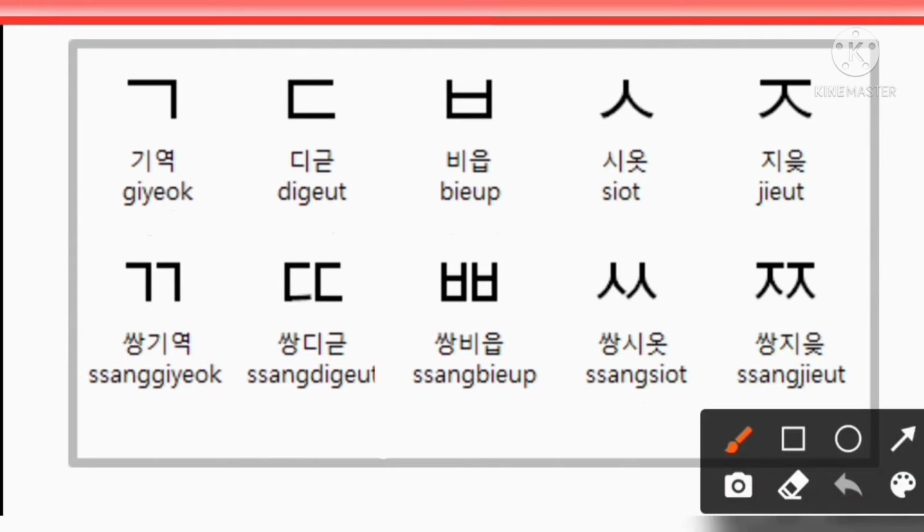Then D becomes DD, B becomes BB, S becomes SS, and J becomes JJ. So by their names they will look a little bit different. Giyeok becomes Ssanggiyeok, Digeut becomes Ssangdigeut, Bieup becomes Ssangbieup, Siot becomes Ssangsiot, Jieut becomes Ssangjieut.